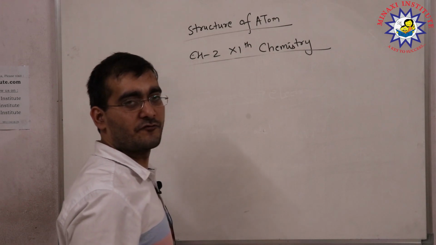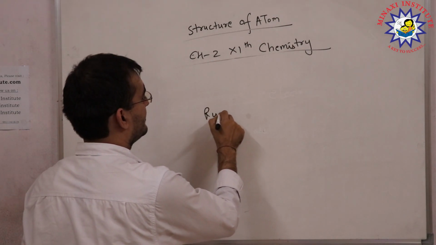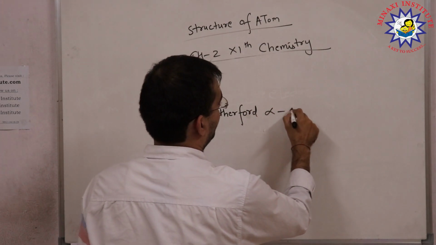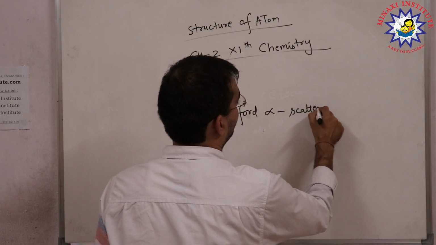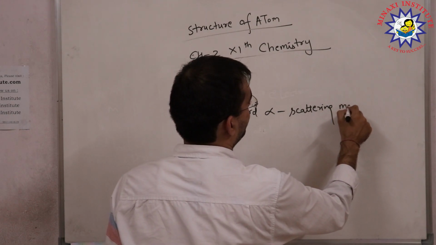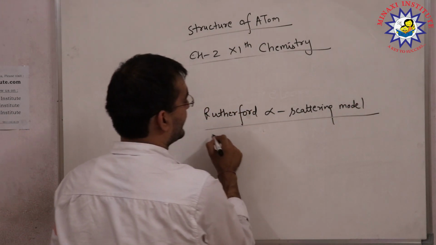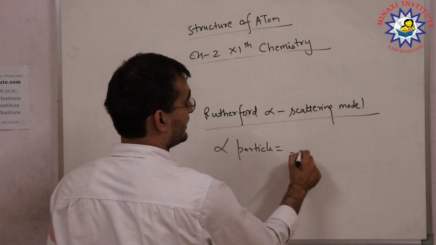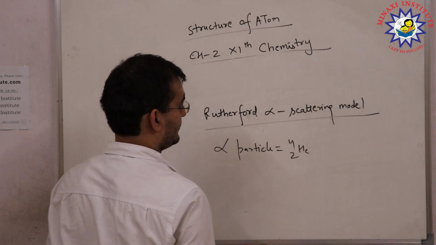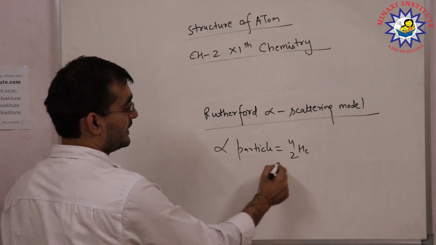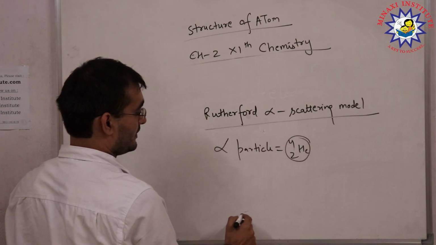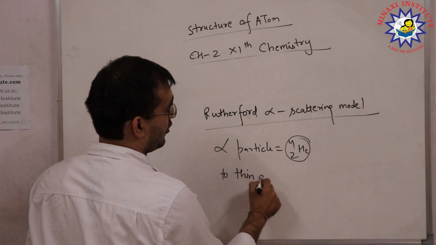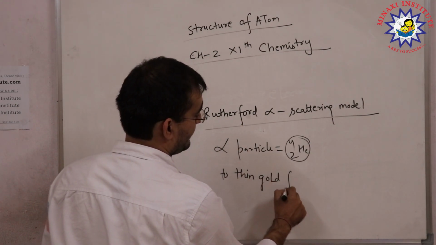We will be doing Rutherford's alpha scattering model. In this, we will be taking alpha particles. Alpha particle is a helium nucleus. We will be bombarding this alpha particle onto a thin gold foil.